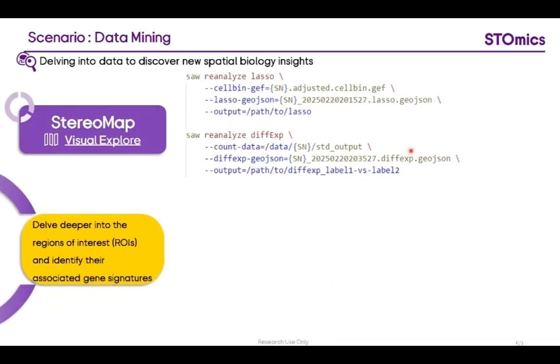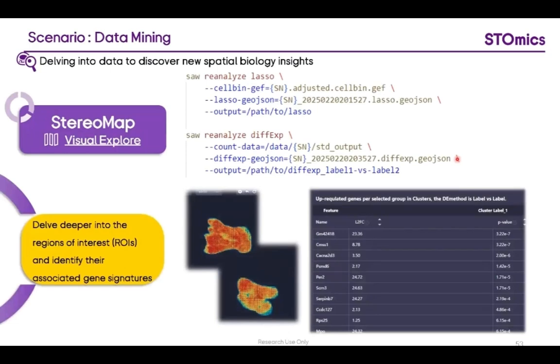As shown here, there are example scripts for lasso and differential gene expression analysis. To analyze gene expression between these two areas, you can use the lasso to select these two regions, and input the relevant .geojson file into the SAW reanalyze differential pipeline.